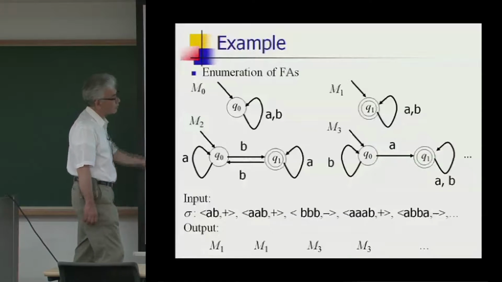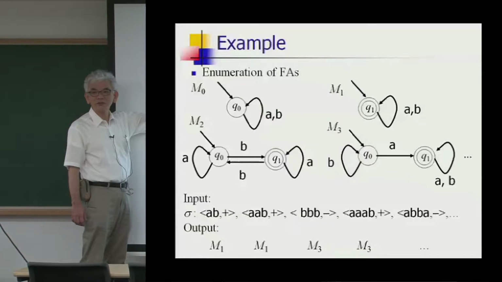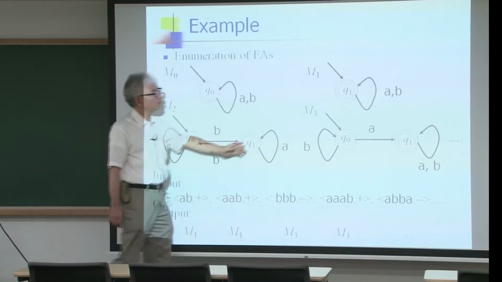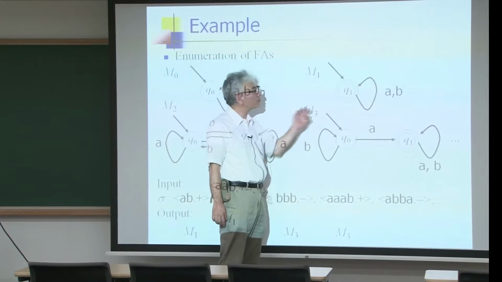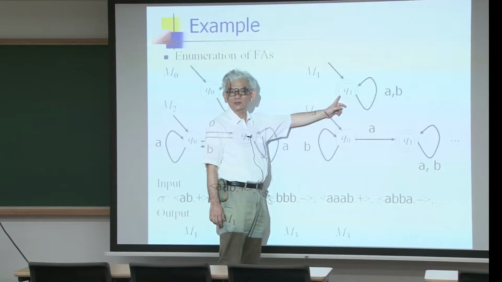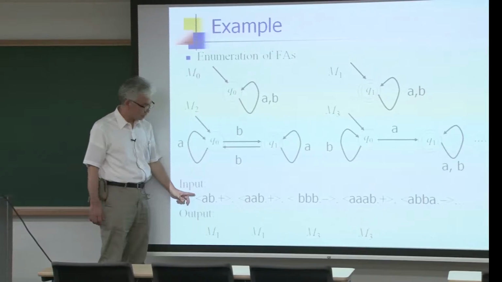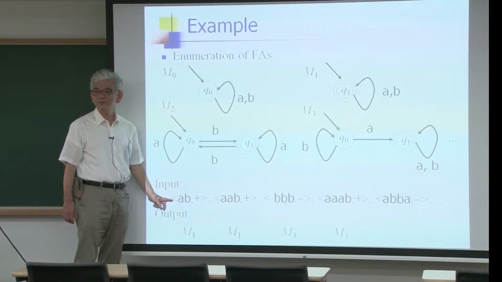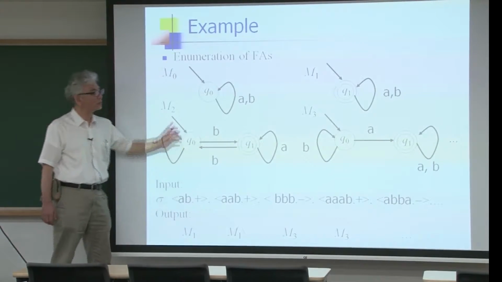So we throw away this automaton as a conjecture, and next we check this one. This is the second simplest automaton in the list, and this automaton accepts all strings. So, of course, this automaton is consistent with this example. So we keep this automaton as the first conjecture.